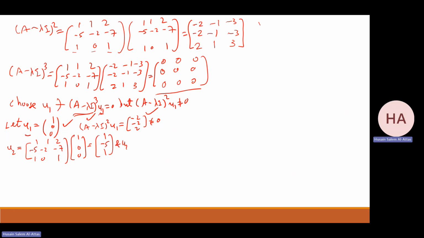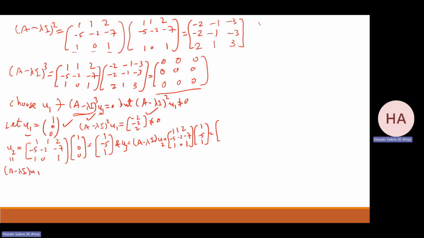And U3 will be A minus lambda I times U2. That would be 1 1 2, minus 5 minus 2 minus 7, 1 0 1, times 1 minus 5, 1.